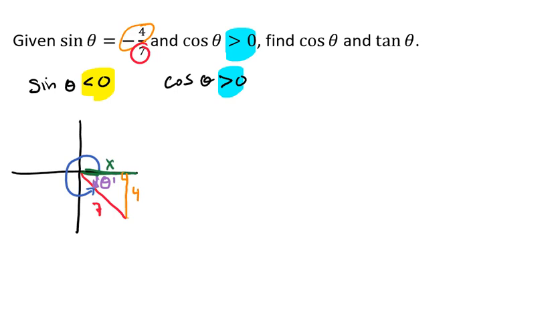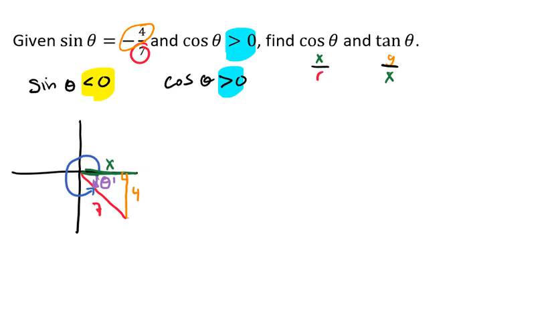Because remember that cosine is the x over our r, or our adjacent over our hypotenuse, and tangent is our y value over our x value. So we definitely need that adjacent leg. Because it's a right triangle, we can use Pythagorean's theorem.